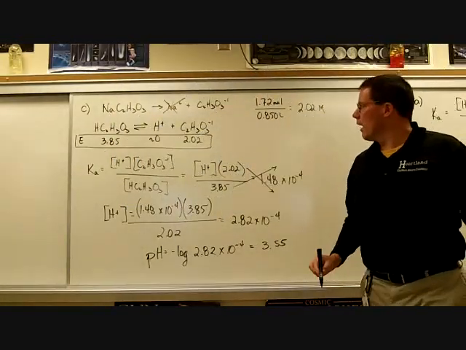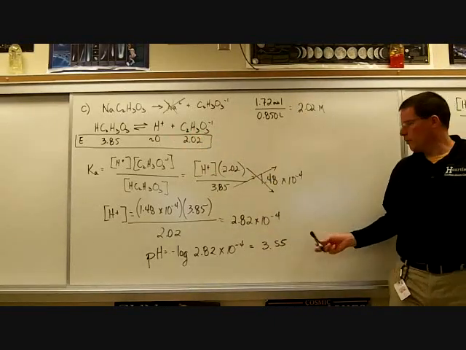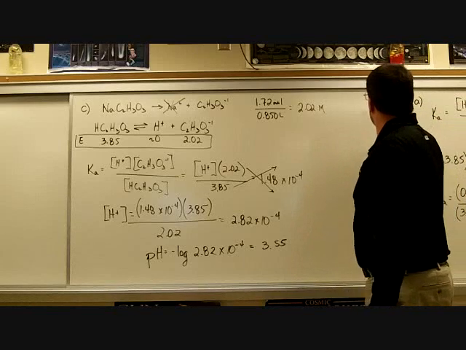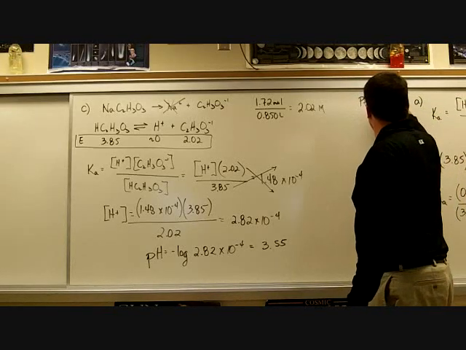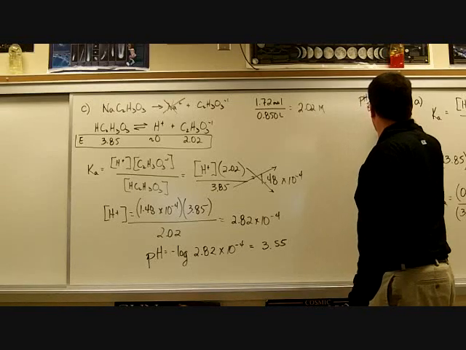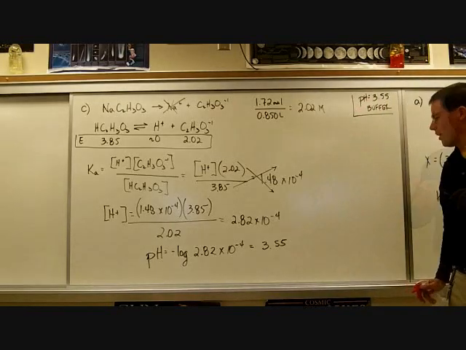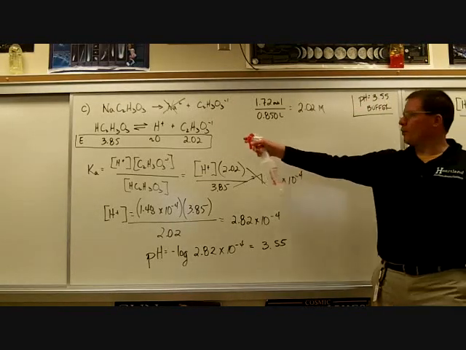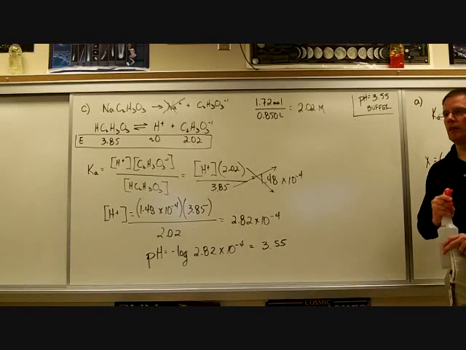Did anybody have hydroxide in this and still come up with 3.55 for your pH? Okay. So the pH of our buffer is 3.55. I'm going to go ahead and put that in the corner there. Just nice to have. This is our buffer solution right here. We created our buffer. Okay.